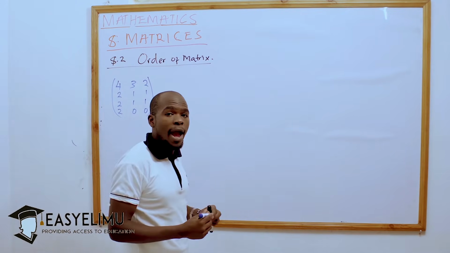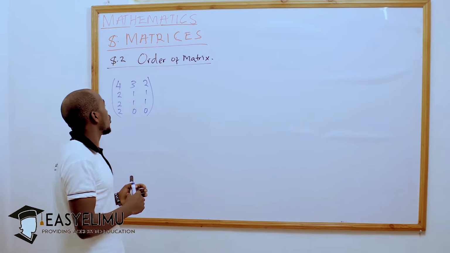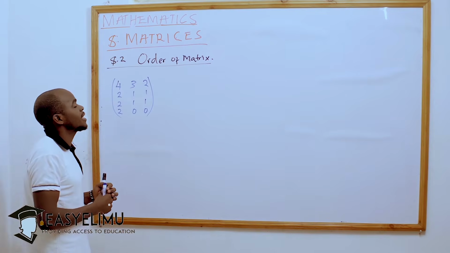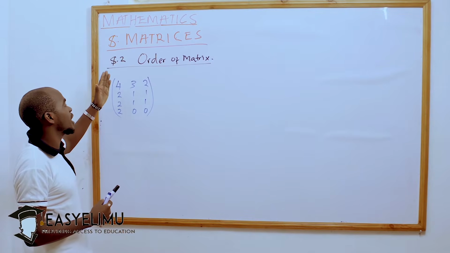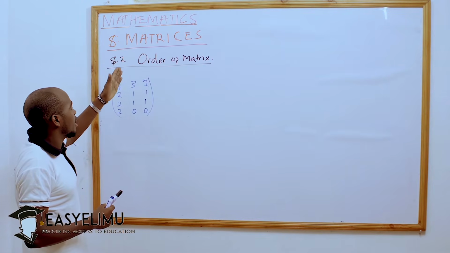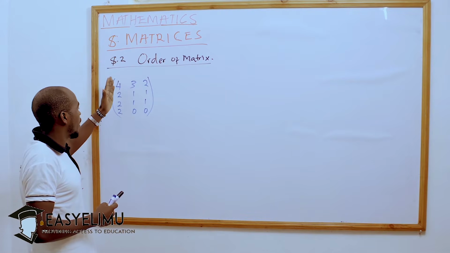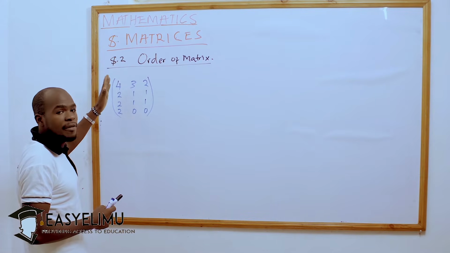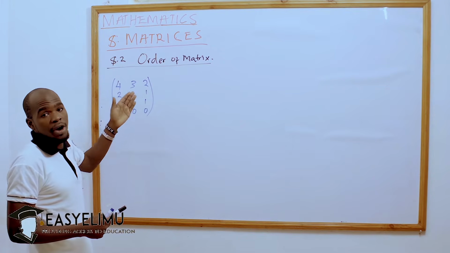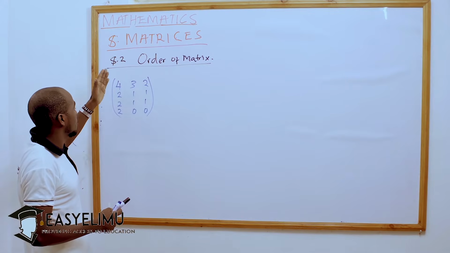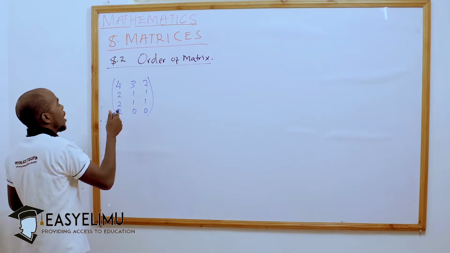If we refer to the order of a matrix, the first thing we consider is what is in a matrix. As you can see, there are numbers arranged in a vertical position, and we have some arranged in a horizontal position, so they form columns and they also form rows.